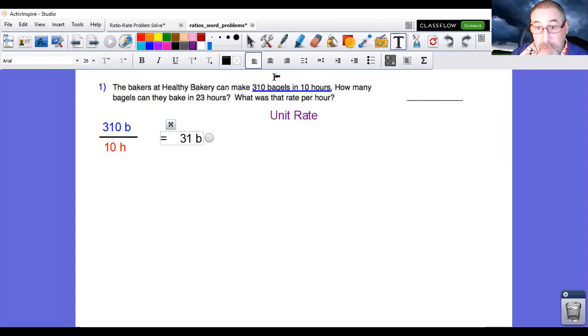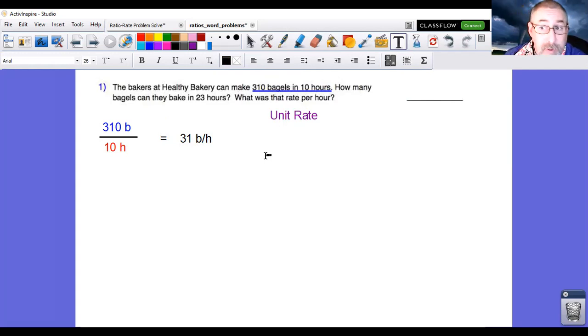Thirty-one bagels per hour. And I don't need to put the 1 in front of that hour because it's implied as a unit rate that it's 1 hour. So here we have our unit rate. They can make 31 bagels in 1 hour.